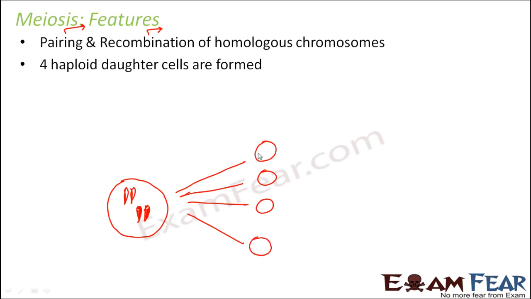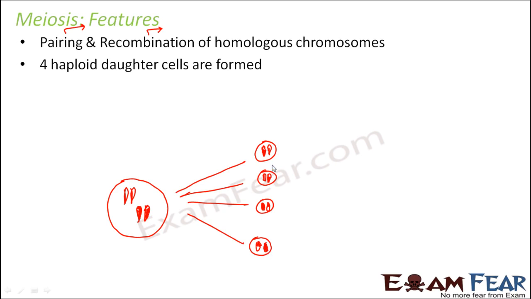Now, when you look at the daughter cells, you will say they are somewhat like this. If you look at it, you see that they are all mixed. None of them purely resembles the father, none of them purely resembles the mother.